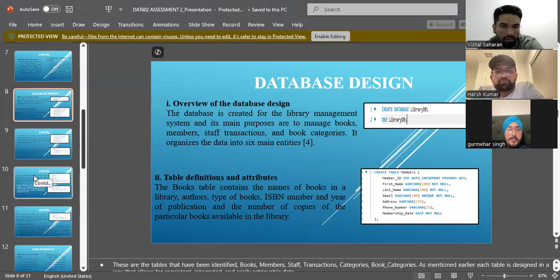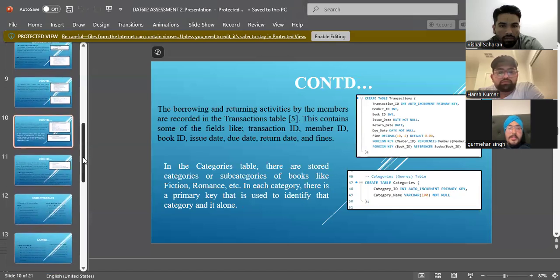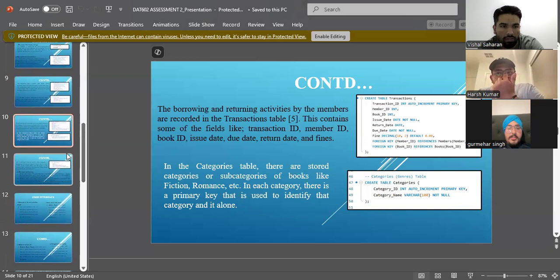The books table contains the names of books in a library, other types of books, number and years. The second is the borrowing and returning activities by the members, which are recorded in the transaction table. It contains fields like transaction ID, member ID, book ID, issue date, and due date.